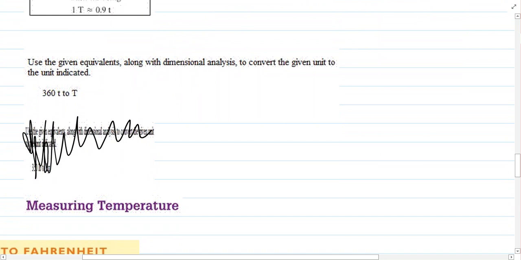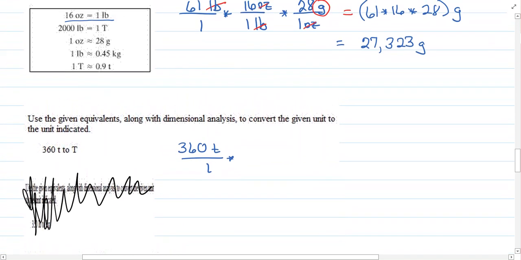Now we have this last one with tons. This is a duplicate problem that I had entered and couldn't remove, so I scratched it out, sorry. All right, so I have 360 T's in the metric, and I want to change it to tons. So that's this one right here. So let's do that. I have 0.9 T. That should have been a 1. Sorry about that.